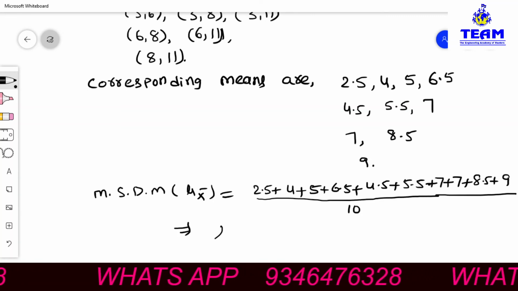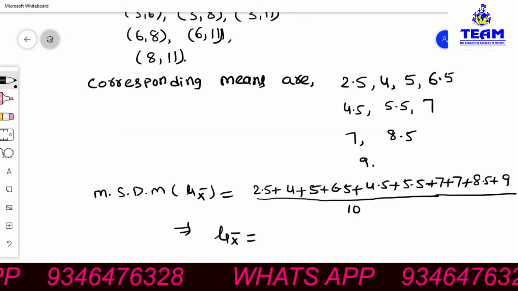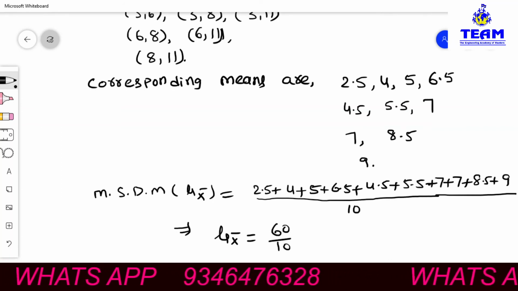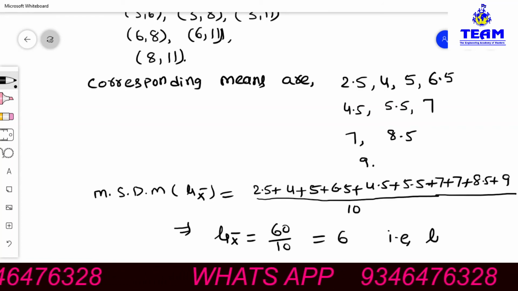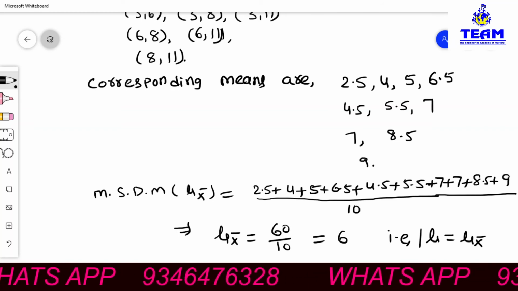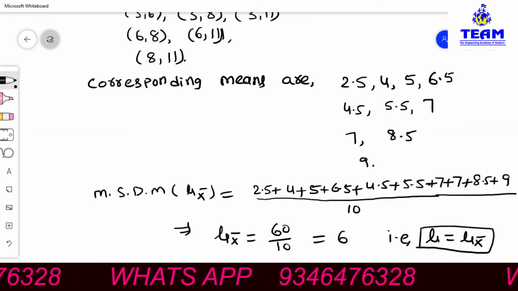That means mu x bar equals 60 by 10, which equals 6. That is, the population mean and the mean of the sampling distribution of means are equal.